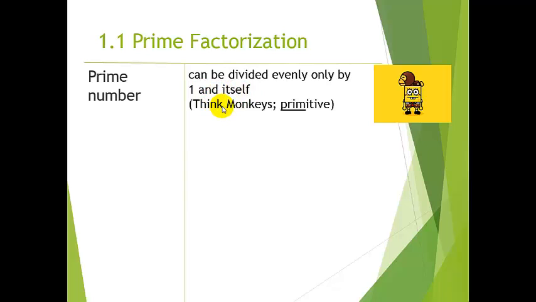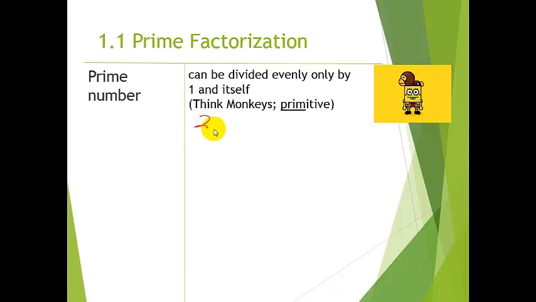One of the examples from the book that I have in the classroom is to think monkeys. Monkeys are pretty primitive. Oh, look, the prime. Very simple, it's only divisible by 1 and itself.